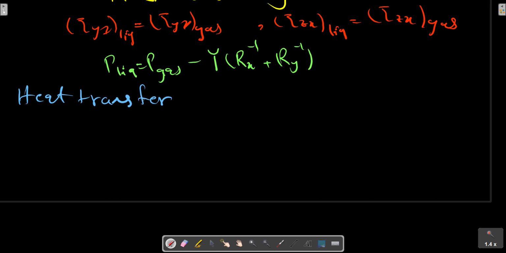The heat transfer must be the same on both sides of the interface, since no heat can be stored in the infinitesimally thin interface. So we have the relation in the gas-liquid interface for heat transfer.